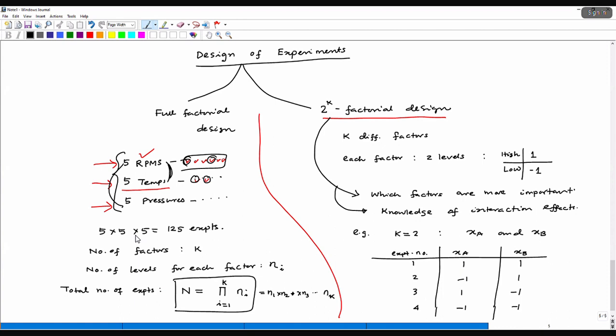Okay, so you have basically 4 different experiments you can do, and each one of these experiments gives you some outcome in terms of the performance. Let's say it could be efficiency or work output or whatever. Let's call these y1, y2, y3, and y4. Okay, these are the outcomes.